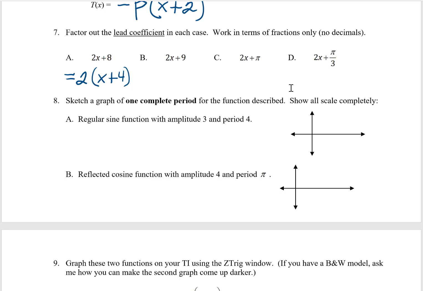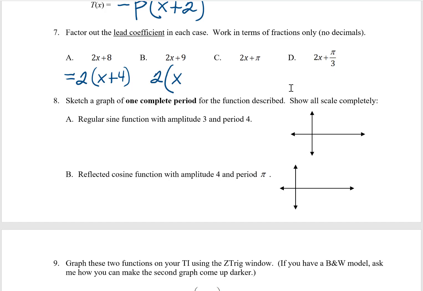Letter B looks a little tricky. The lead coefficient is 2, but there is no GCF. 2 doesn't go into 9. And yet, I can still do this if I wanted to. Factoring, after all, is really just dividing. Let's think about how that would work. I'm really just trying to put here whatever I would need to multiply by the 2 to get me back to what I had.